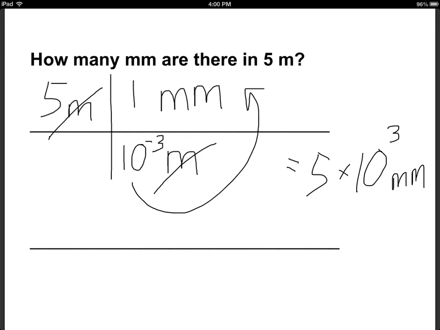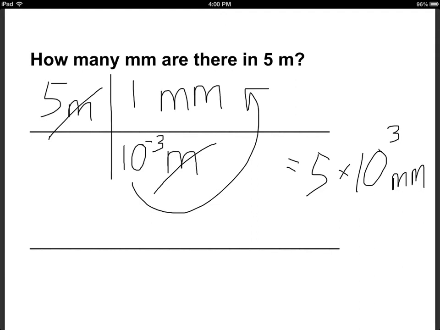Even so, notice again how the 10 to the negative third can be moved up to the top. Hopefully you remember the rule that if you have a negative exponent in the denominator, it can be moved up to the numerator, right? If not, then please go back and look at simplifying problems where you have exponents that are negative or positive in the numerator and denominator. That's an important thing to understand as far as our math skills go, and it's going to be assumed that you can do those types of problems.